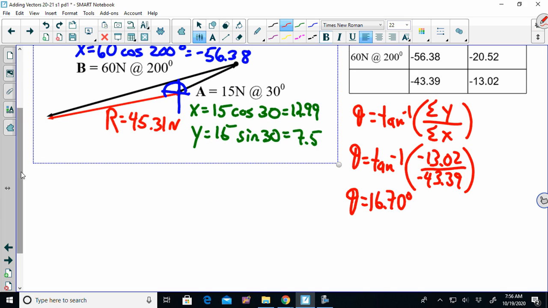So I'm going to need to add 180 to that because I'm in the third quadrant. If I was in the second quadrant, this would be a negative number, and it would be 180 minus that number. If I was in the fourth quadrant, I'd have to subtract whatever I got from 360. In the first quadrant, it's just the angle.